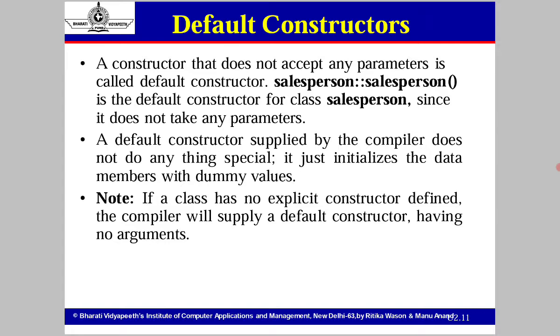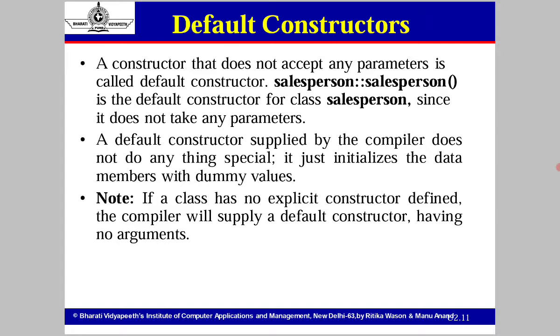Why do we require a default constructor, and how can it be used? When the compiler encounters a default constructor, it simply does nothing special. It initializes all the private variables or data members.